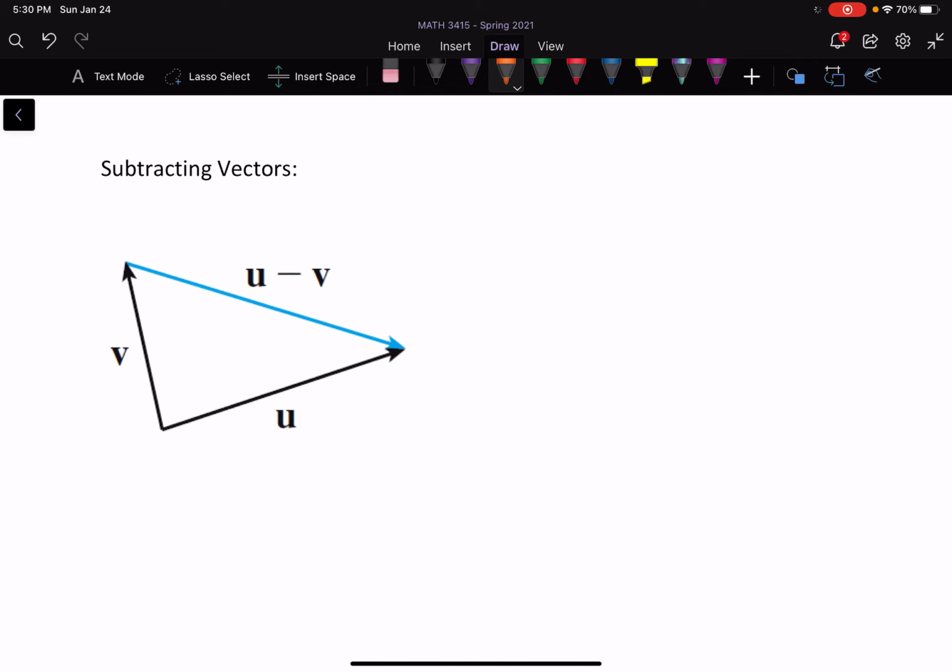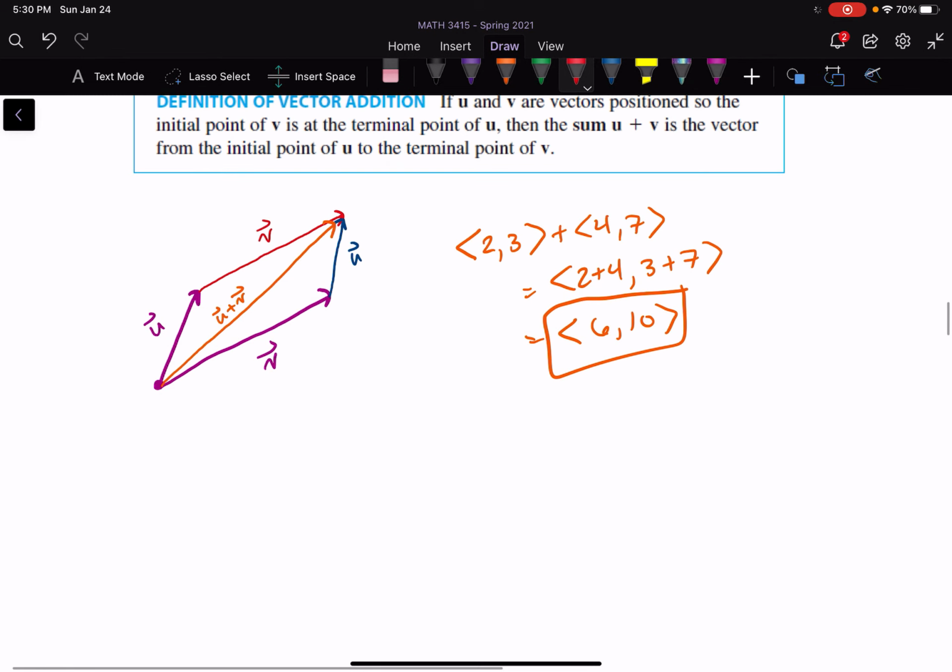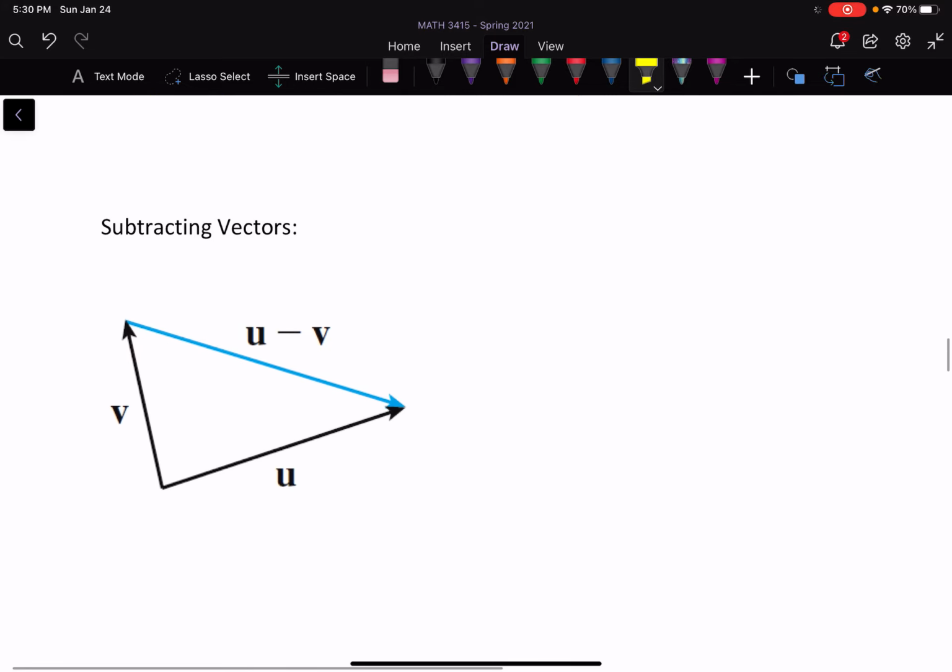All right, so next we're going to subtract vectors, and I'm not going to do a number example. I just wanted to show you how the geometry works. When we add vectors, I have the u here, I have the v here, and the u plus v ends up being in between them. When you subtract vectors, it's quite a bit different. If I do u minus v, I have the u and the v here, and the u minus v actually goes from the tip of the thing you're subtracting to the tip of the thing that you're subtracting from.